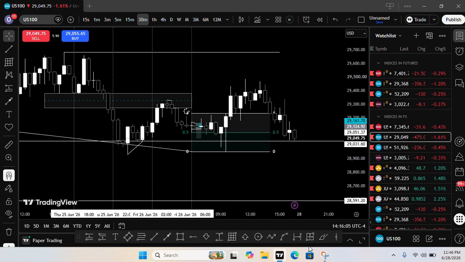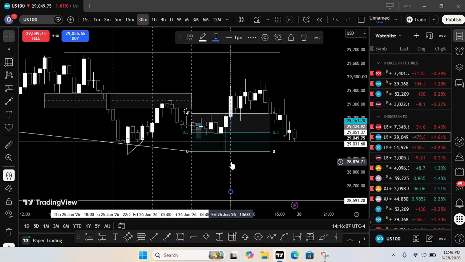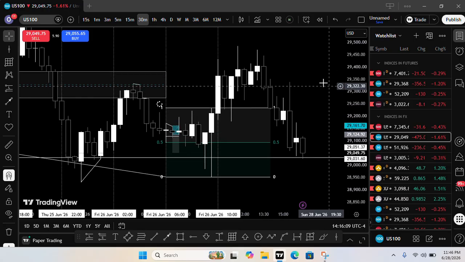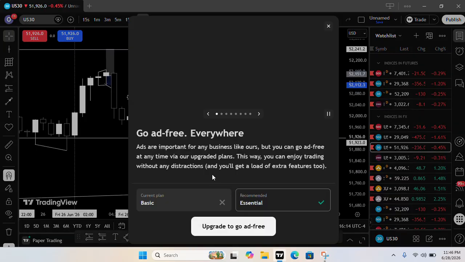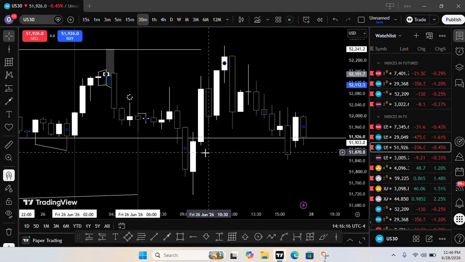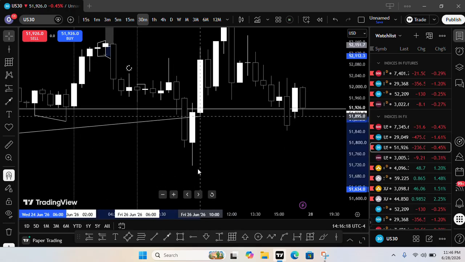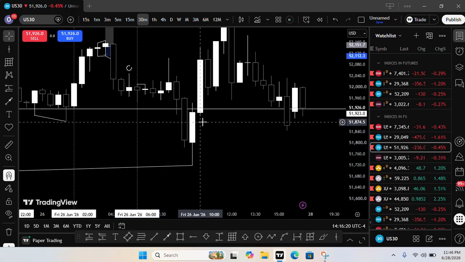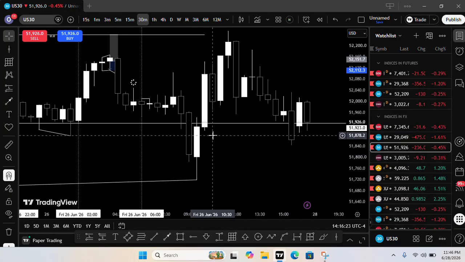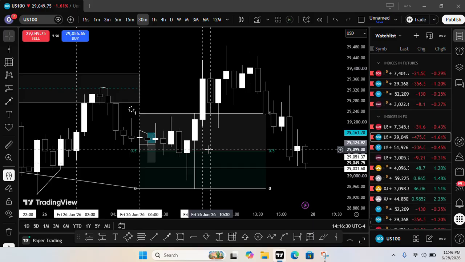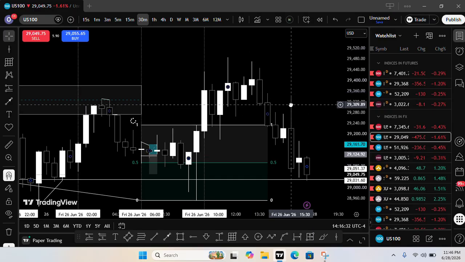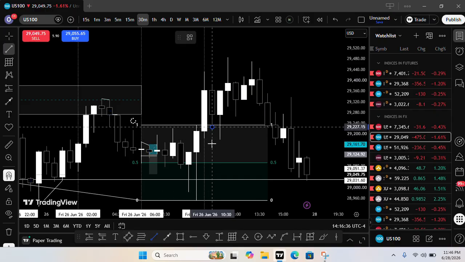Where's 10 a.m.? 10 a.m. We got an SMT right there. 10 a.m., sorry, at 10:30 is a bearish PSP, and we got this strength switch here as well.